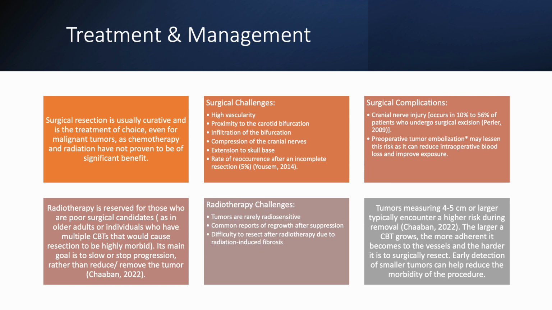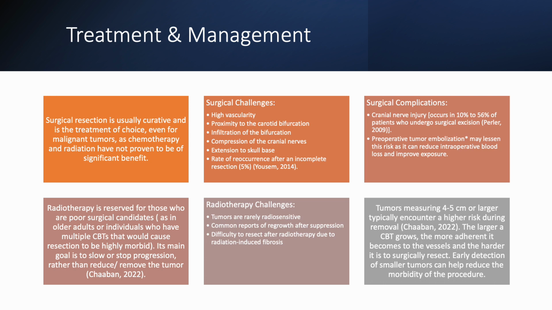There's also surgical complications, as in cranial nerve injury, but overall it is usually the preferred choice considering the treatment of these tumors. Radiotherapy is usually reserved for those who are poor surgical candidates, like older adults, or individuals who have multiple carotid body tumors that would cause the resection to be highly morbid, but its main goal is to slow or stop the progression, not to reduce and remove the tumor, if that makes sense.